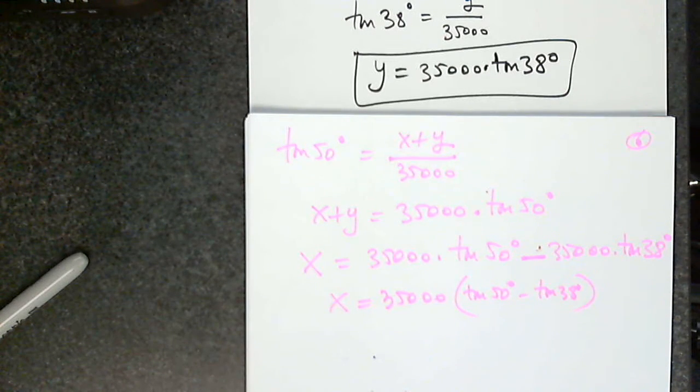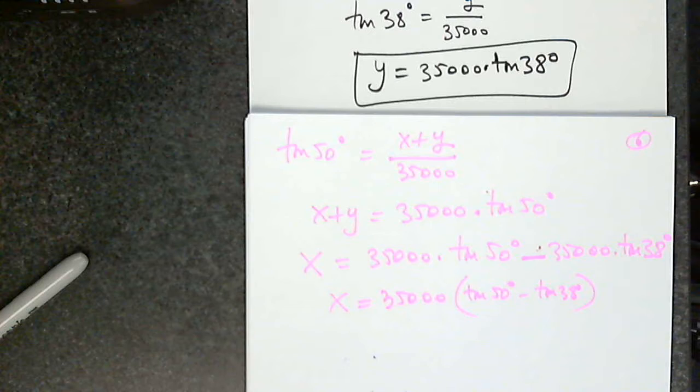So we have 35,000 times, in parentheses, tangent 50, close the parenthesis, minus tangent 38. And there is something extremely important that I shouldn't forget: go to the mode and make sure that the angles are in degrees. The mode is in degrees, because the angles are in degrees.